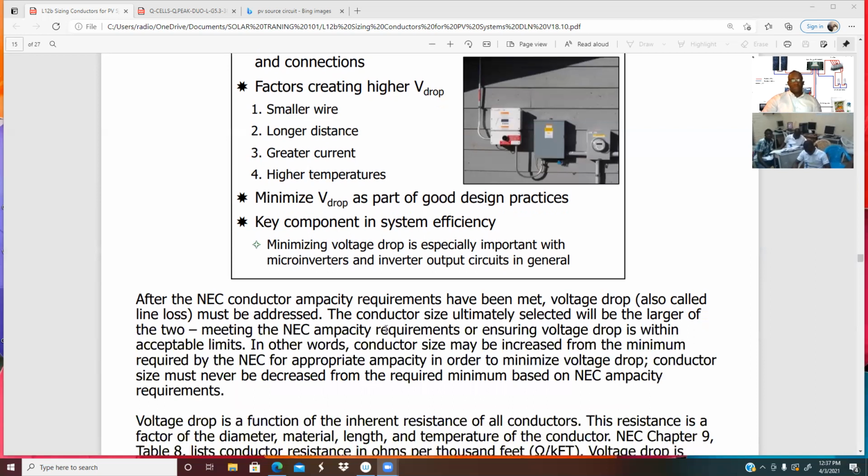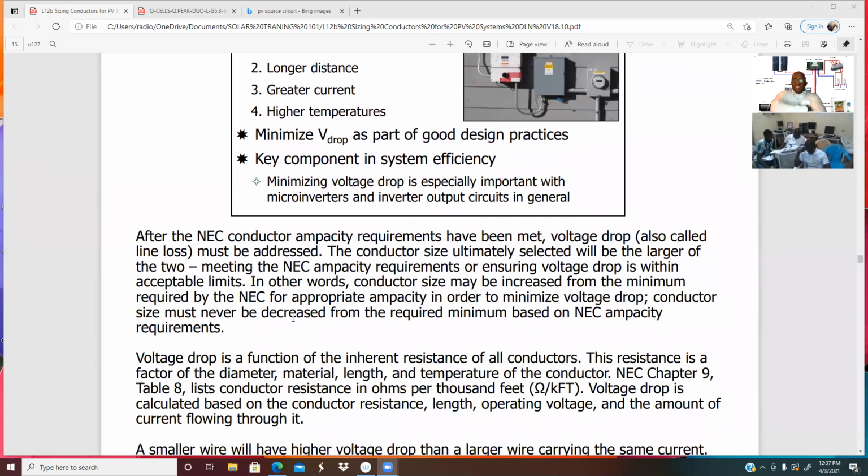Now let's move forward. After the NEC conductor ampacity requirements have been met, voltage drop, also called the line loss, must be addressed. The conductor size ultimately selected will be the larger of the two, meaning the NEC ampacity requirement or ensuring voltage drop is within acceptable limits.